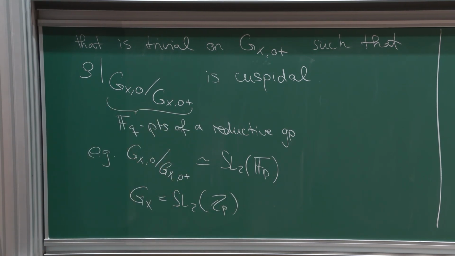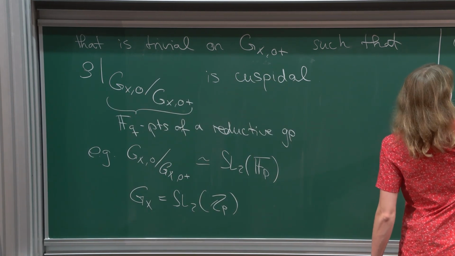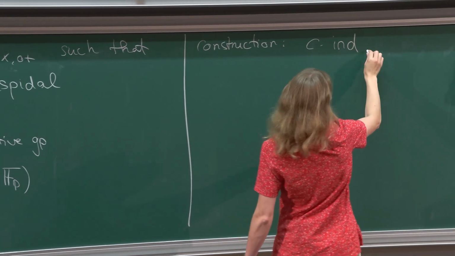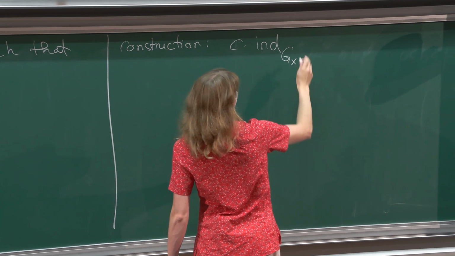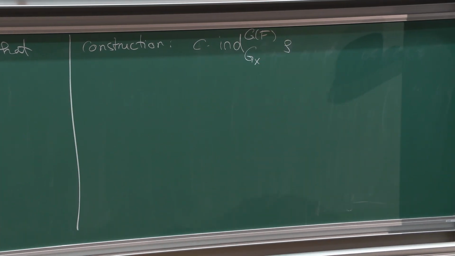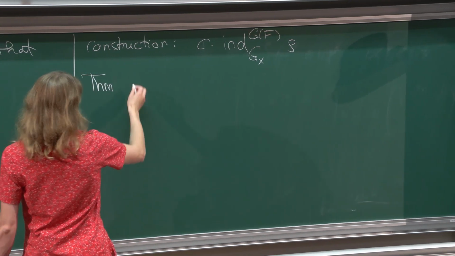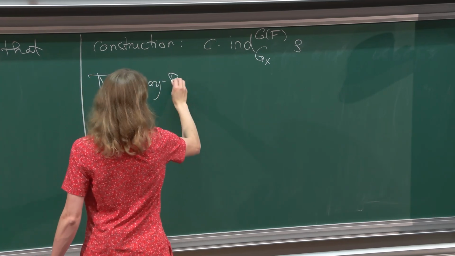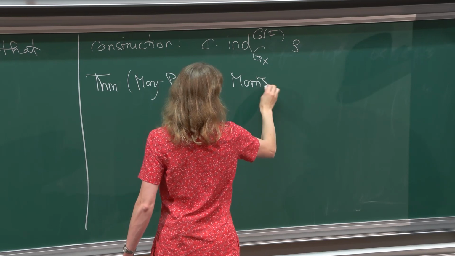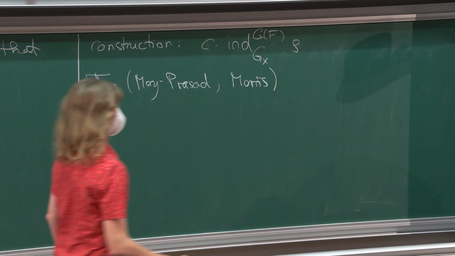And then you have the input that you need, and then the construction. So the construction then is that you just compactly induce this representation. So you compactly induce from the stabilizer to the whole group your representation rho. And then this theorem, I guess that's due to Moy-Prasad and independently to Morris, is that in that way you obtain an irreducible and supercuspidal representation.